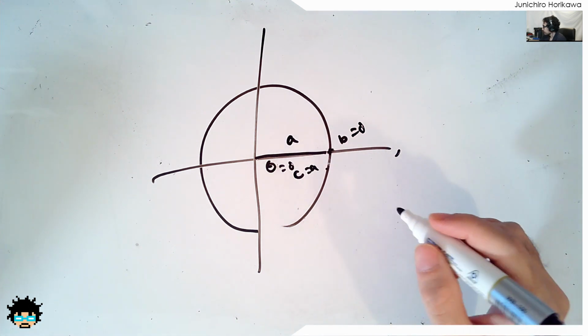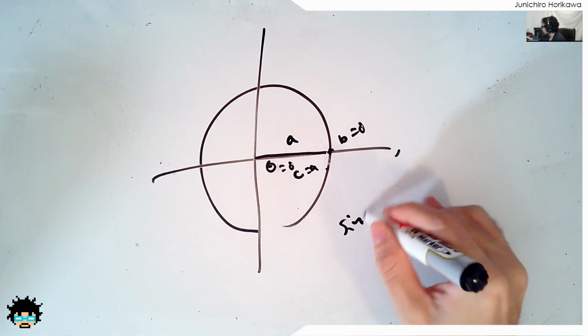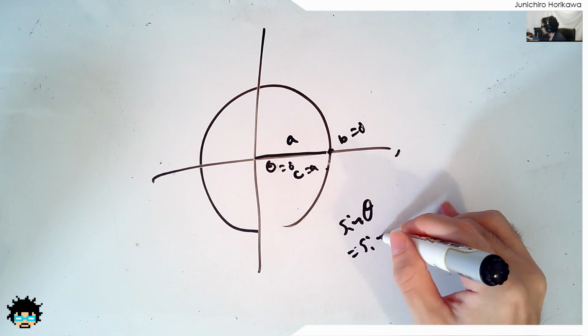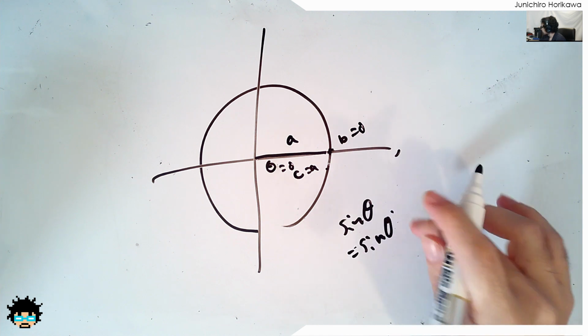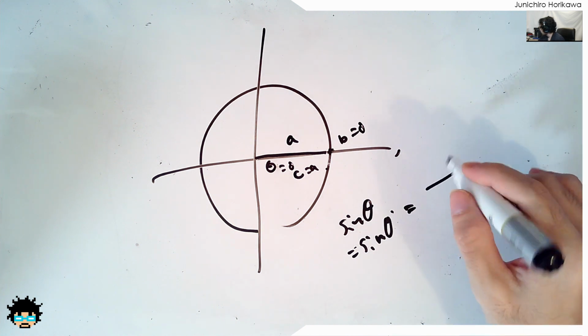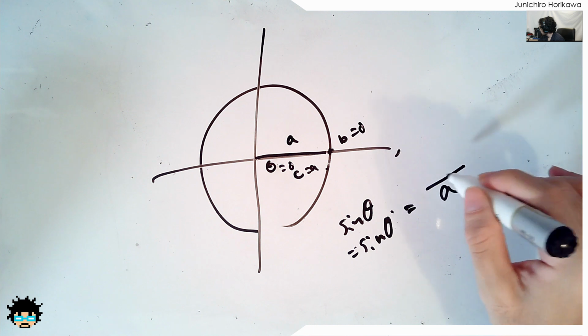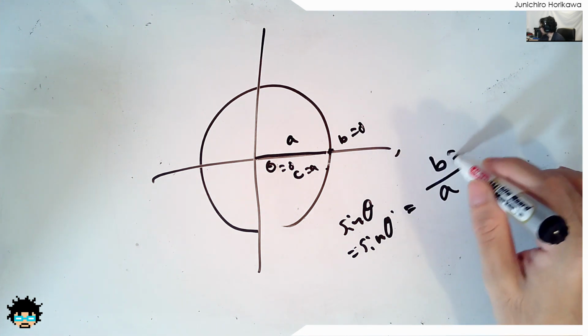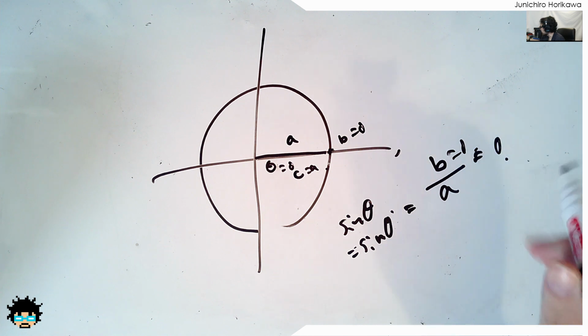Right? So in this case, sine theta, which means in this case sine 0 degrees, is equal to b divided by a, and since b is equal to 0, that is equal to 0.